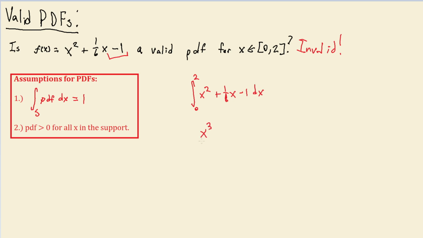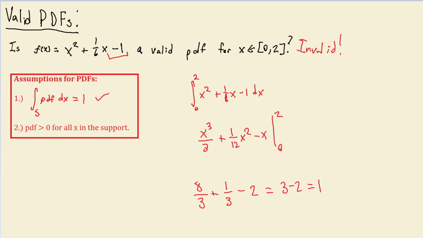This is just going to be x cubed over 3 plus 1/12 x squared minus x, evaluated from 0 to 2. And as you might have guessed, I probably conveniently chose this such that we're going to get 4/12, that's the same as 1/3, minus 2. This is going to be 3 minus 2, which is 1. And so it does meet this assumption. So you have to check both.